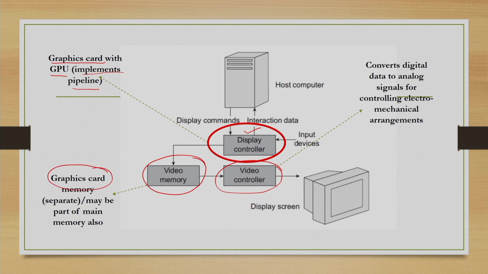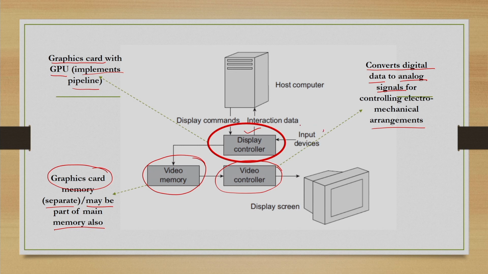Video memory is again there in the graphics card. It is the memory component of the card which is separate, but it may be part of main memory also, which is typically not the case. And finally, the video controller is used to convert whatever is there in the memory, digital data, to analog signals for controlling electromechanical arrangements that are ultimately responsible for exciting the pixels on the screen.